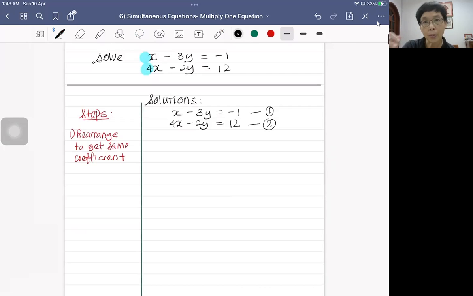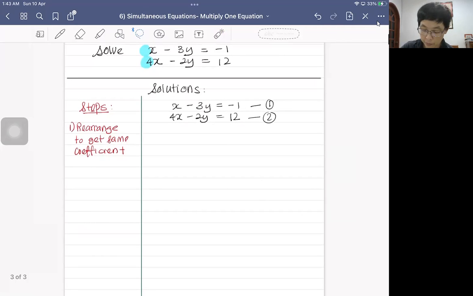So that you can communicate clearly with your examiner, because you will not be there to explain to the uncle examiner or auntie examiner, but your writing will do that job for you. So you will do that, equation 1 and 2. So now you have marked this. You notice that you want to make that to be the same. Now let me just purposely put in a different color first.